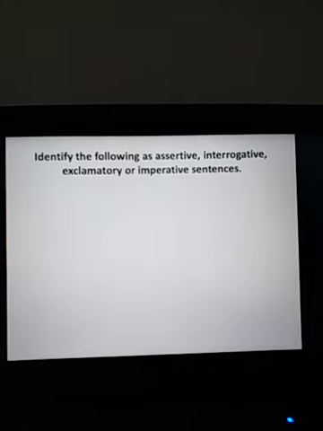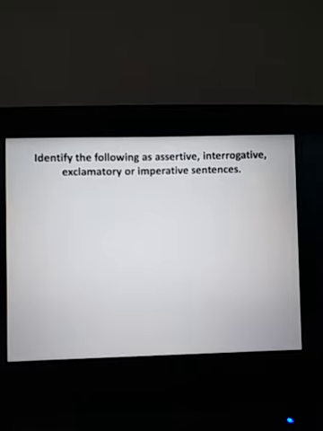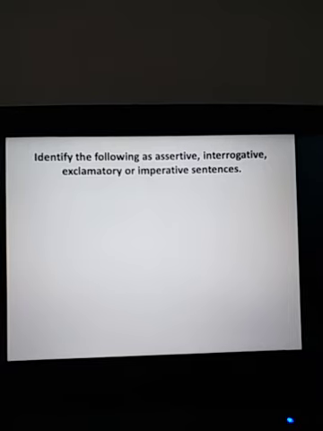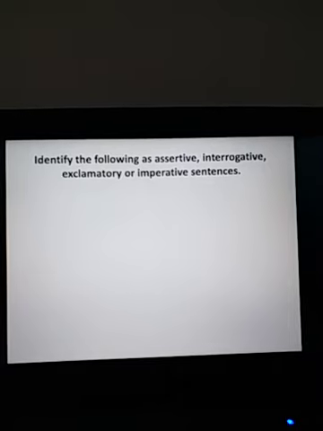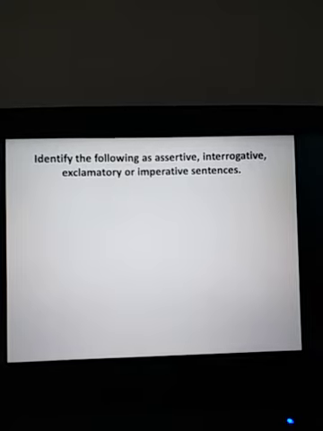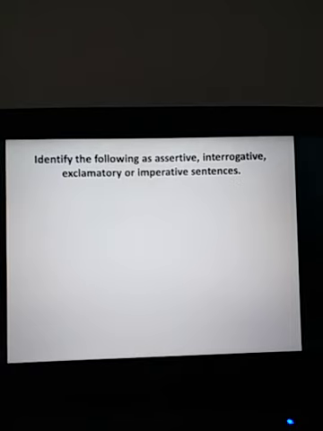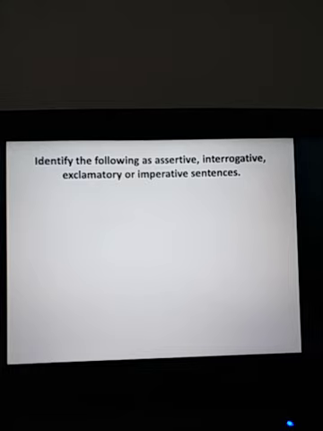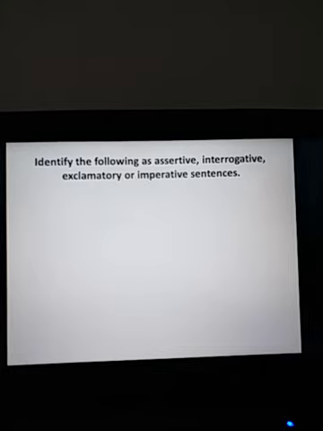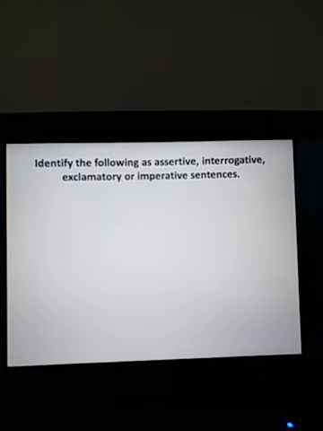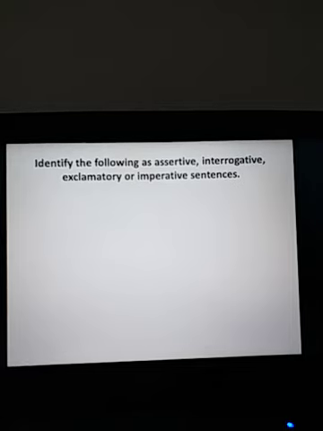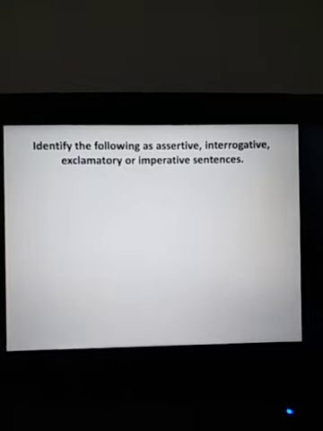Remember, children, an assertive sentence states something, an interrogative sentence asks a question, an exclamatory sentence expresses a strong emotion, and imperative sentences express a command, request, or advice. Assertive and imperative sentences both end with a full stop. Interrogative ends with a question mark. Exclamatory sentence ends with an exclamation mark. Yes, so let's get started.